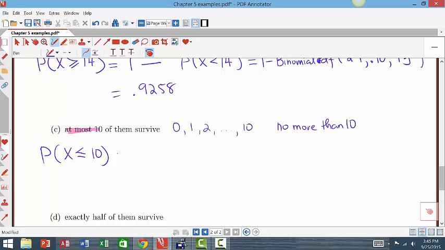Now here we're also going to use binomial CDF, but in this case we do not need to do the complement rule because your calculator will compute all of these probabilities, 0, 1, 2, 3, and so forth, all the way to 10, and add them in all in one command. So we need binomial CDF: 24 trials, probability of success is 0.7, and we're interested up to 10 successes. That's what you would plug in your calculator.